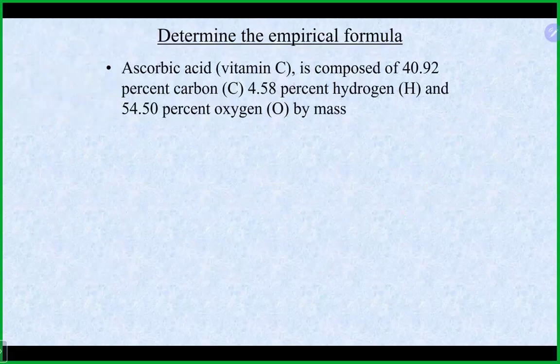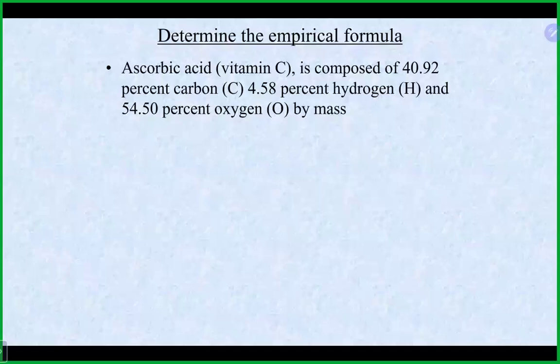So let's take a look at one here together to finish up on and see how we do this. We have ascorbic acid, which is vitamin C, composed of 40.92% carbon, 4.58% hydrogen, and 54.5% oxygen.